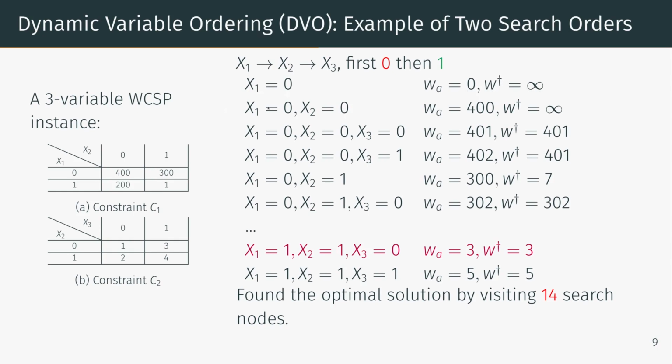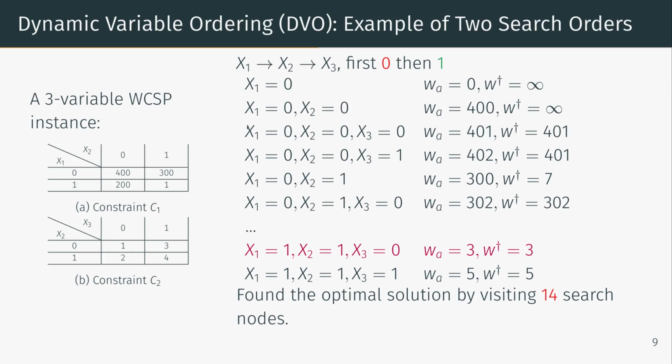Then we assign the next variable, x2 equals 0. Here we have 2 variables assigned, and there's 1 constraint between them. Looking at the table, we have WA equals 400. And W-dagger is still infinity because we still haven't reached a complete assignment.